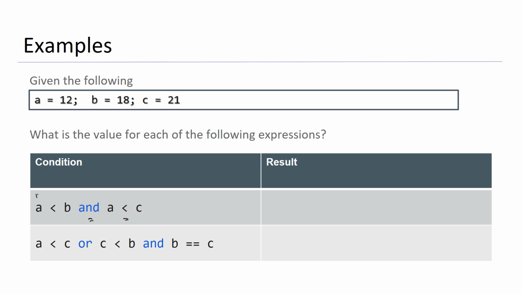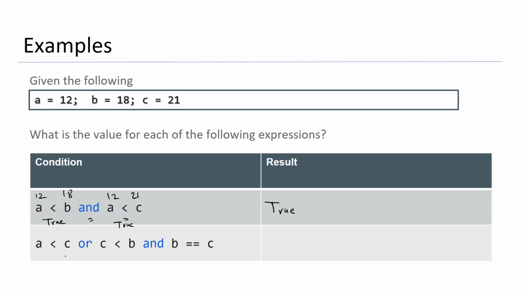A is 12, B is 18. So is A less than B? This is true. Then A is 12, C is 21. Is 12 less than 21? This is also true. And we know that true and true is true. So the result of the first condition is true.